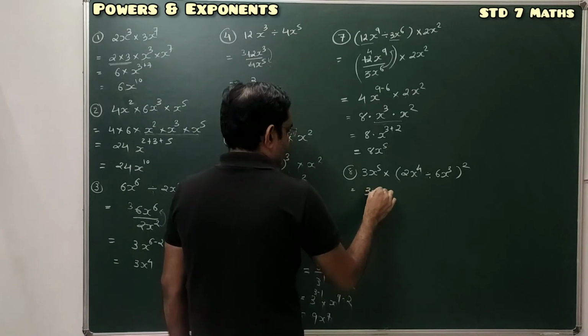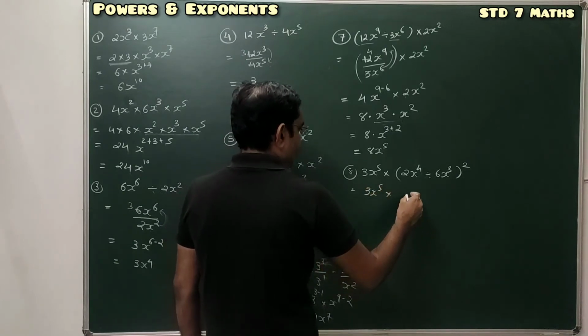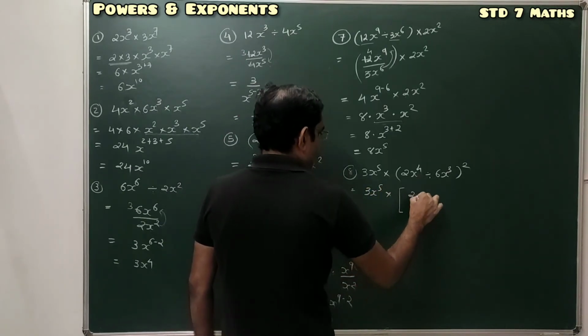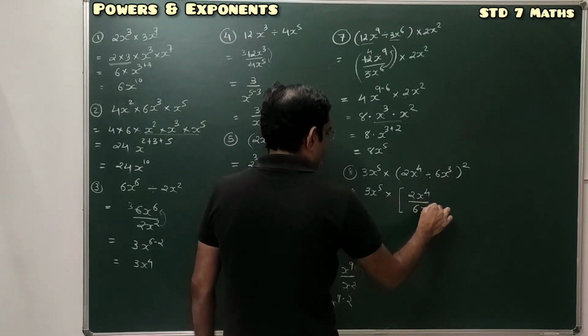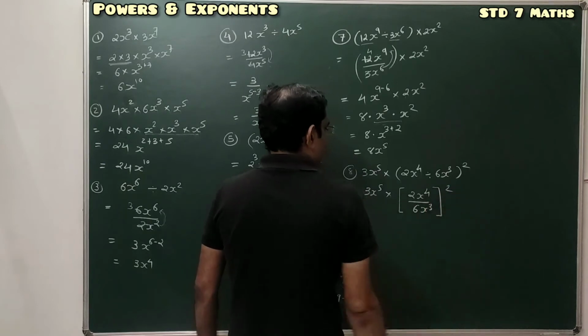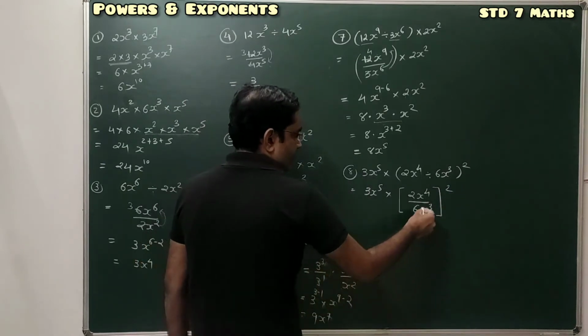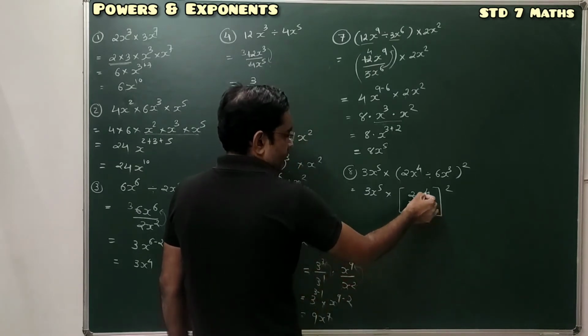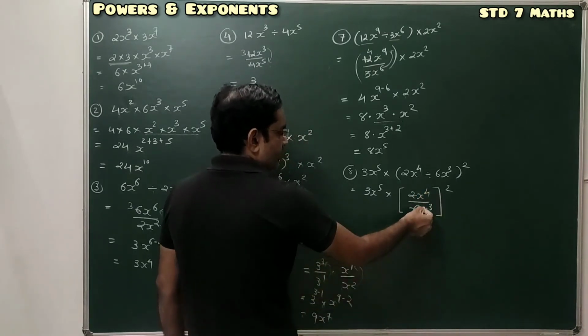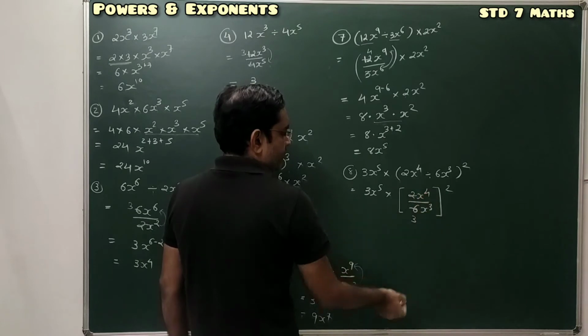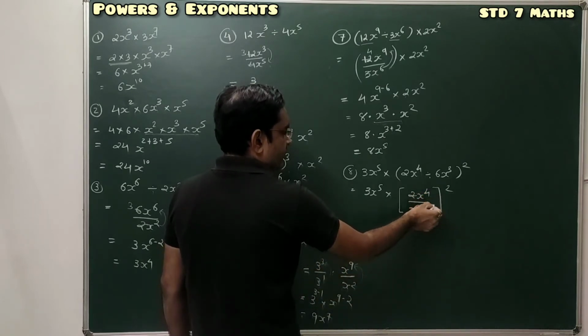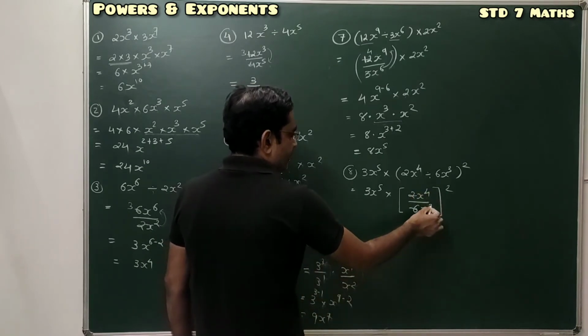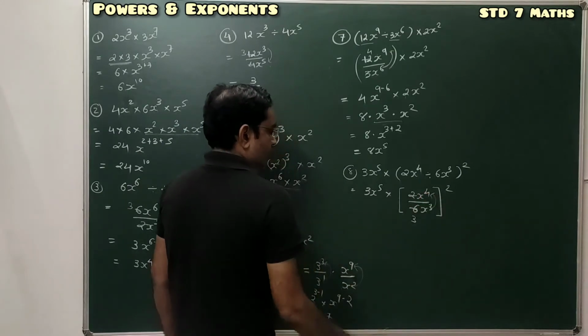So it's 3x raised to 5 multiplied by, this one is 2x raised to 4 divided by 6x cube whole raised to 2 is there. So here simplification is 2 3s are 6, x raised to 4 upon x cube. Two powers are in division with the same base, with power of numerator greater than power of denominator. So we'll subtract this 3 from this 4.